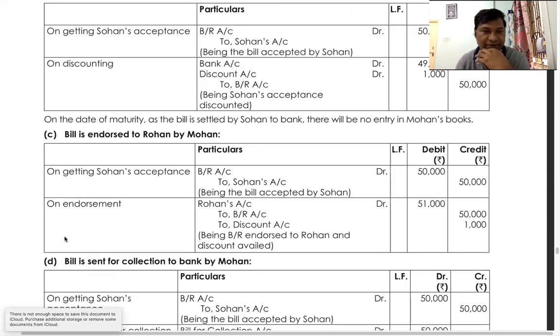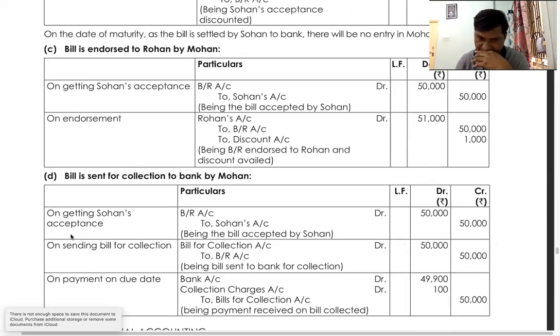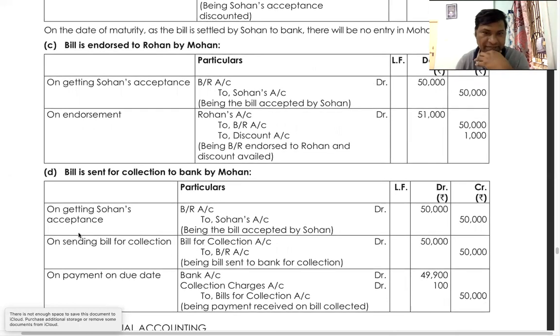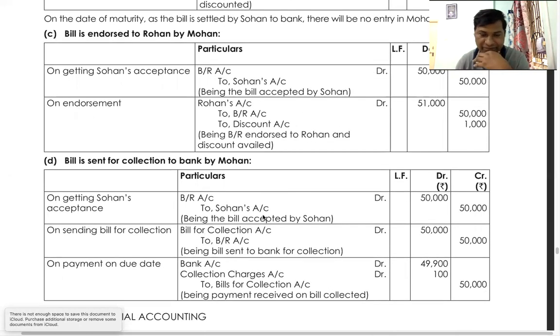The bill is sent for collection to the bank by Mohan. The first entry is static in all the scenarios. On sending the bill for collection, bill for collection account debit, to bill receivable account 50,000.